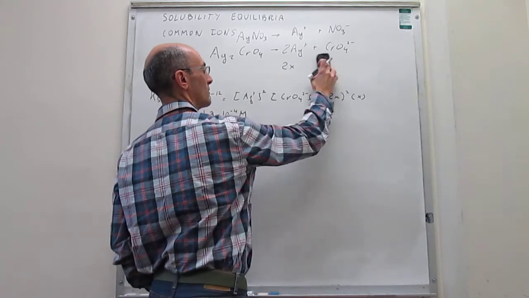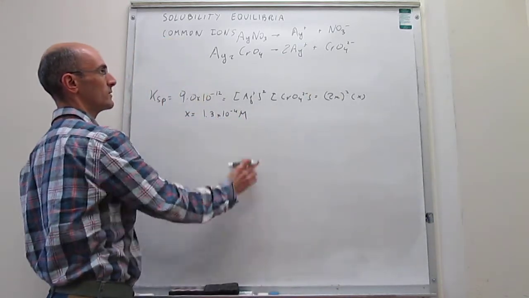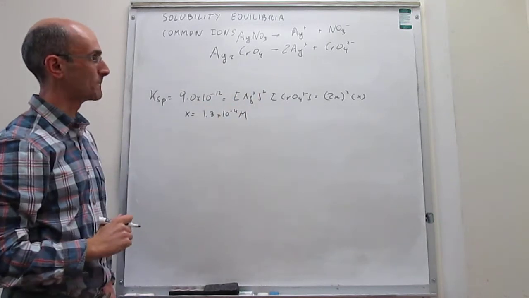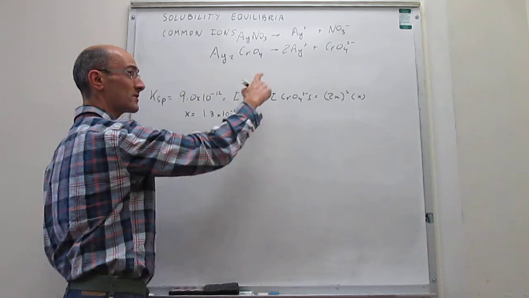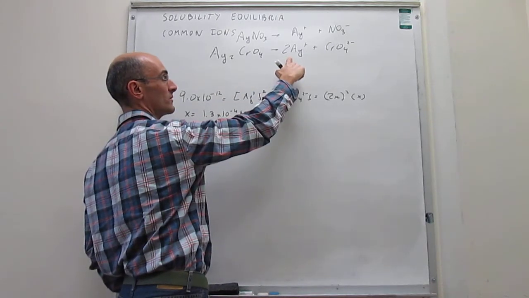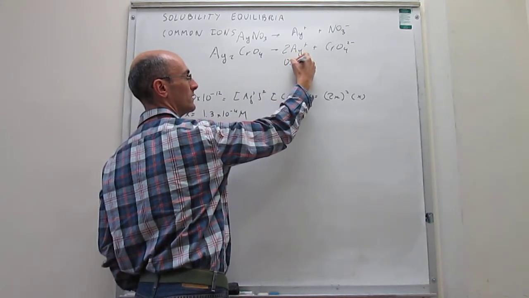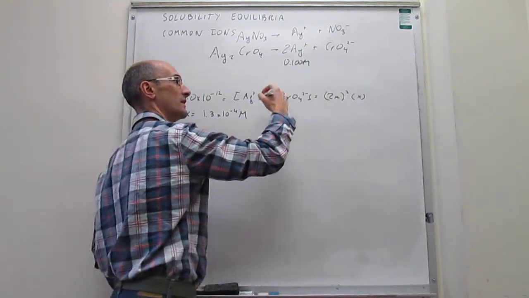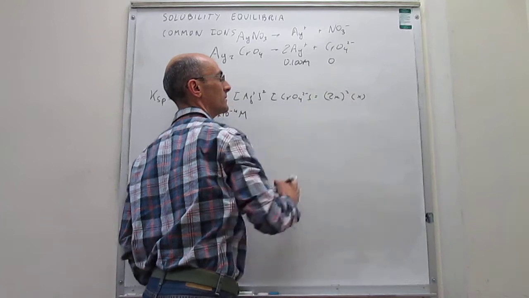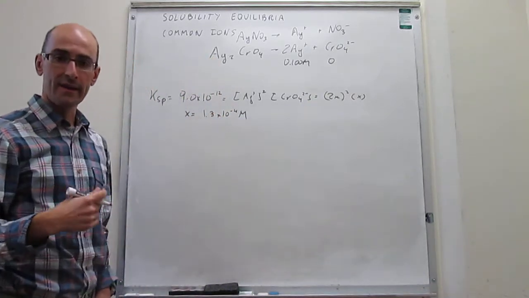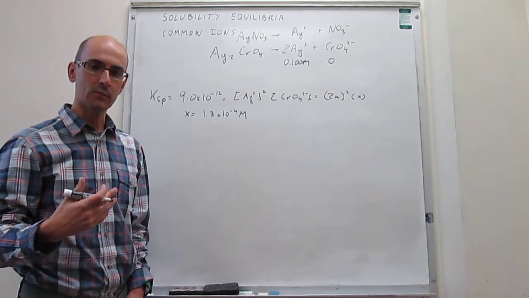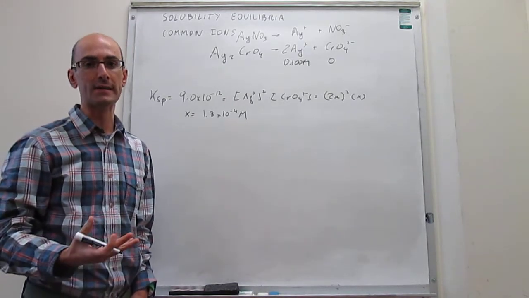So the question is as follows. Now you try to solubilize that silver chromate, but the initial concentration of silver ions is actually not 0, it's 0.1 molar, which is coming from that silver nitrate. The initial concentration of chromate will be 0. The way to solve this problem is through an ICE diagram.